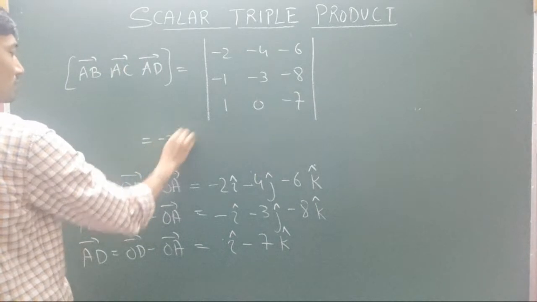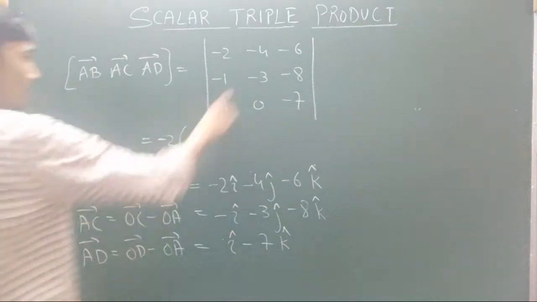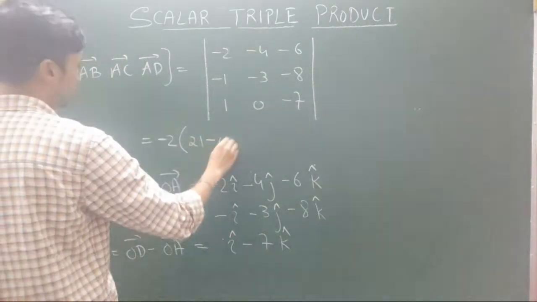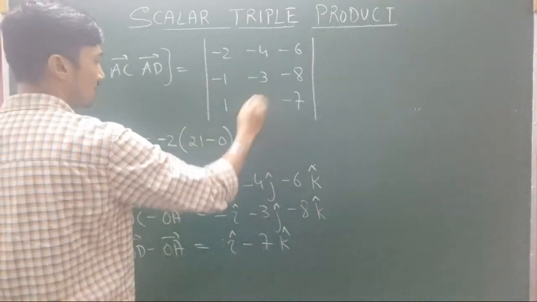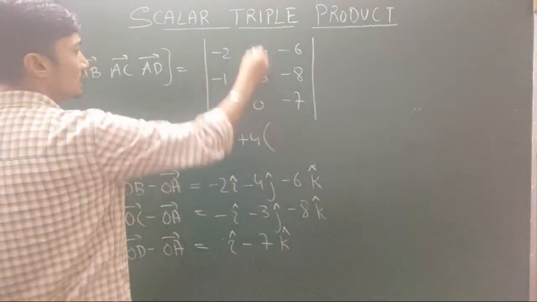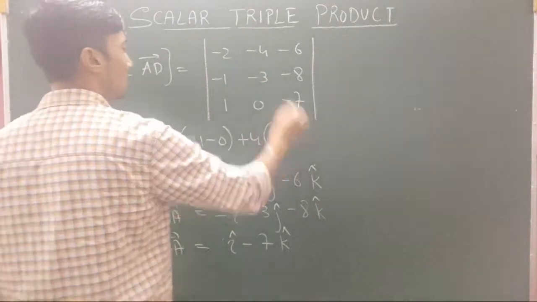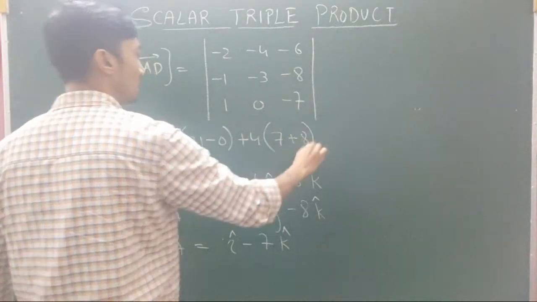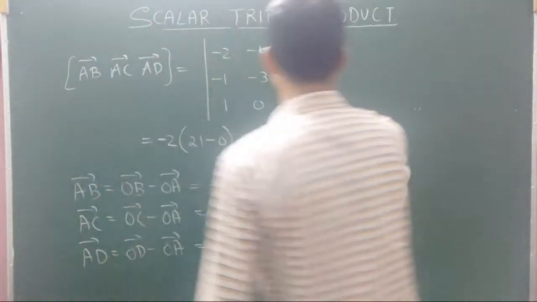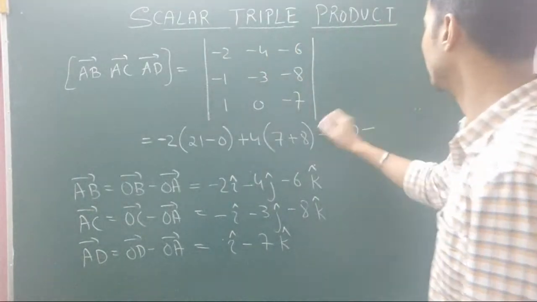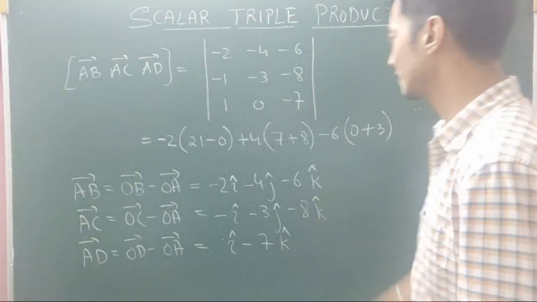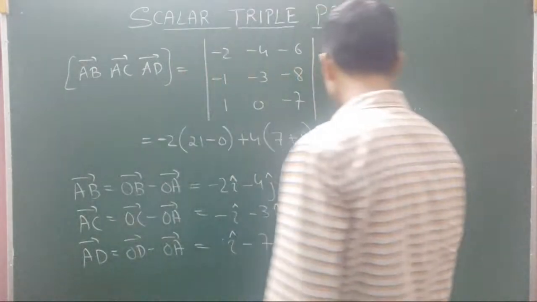So that's minus 2 into 21 minus 0, then plus 4 into 7 minus 8, minus 6 into 0 minus 3. I'm just going to continue here.